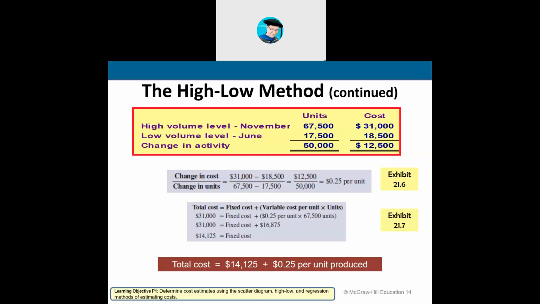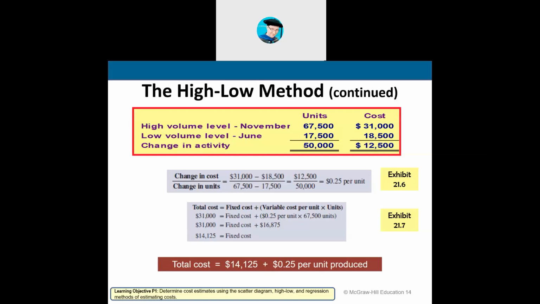Variable cost, 25 cents, times the number of units, 67,500 at the high, gives me 16,875. 16,875 plus fixed cost gets me the total cost, 31,000.